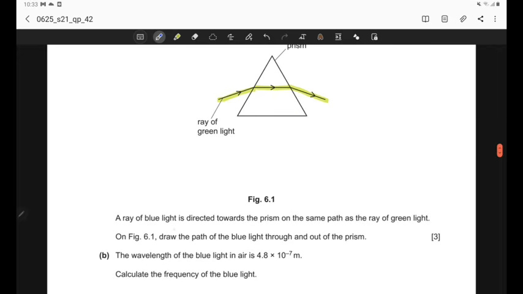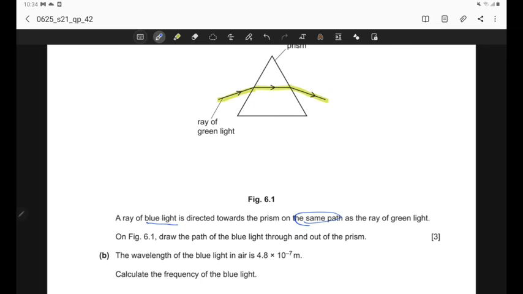A ray of blue light is directed towards the prism on the same path as the ray of green light. On figure 6.1, draw the path of blue light through and out of the prism. So now we have to draw what will be the path of the blue light.